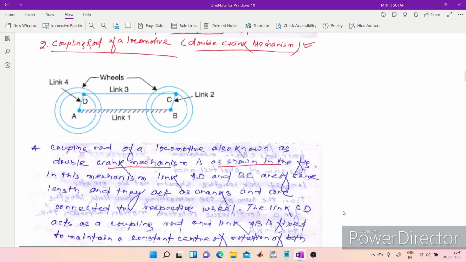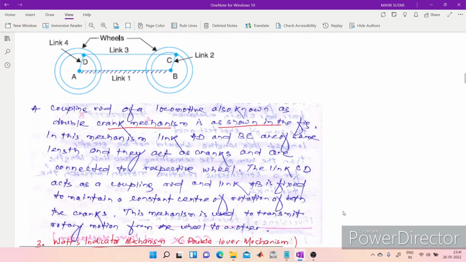In this mechanism, the link AD, here you can see the link AD, and this is BC. Link AD and BC are of the same length, and they act as cranks and are connected to respective wheels. They are connected to both the leading and trailing wheels.